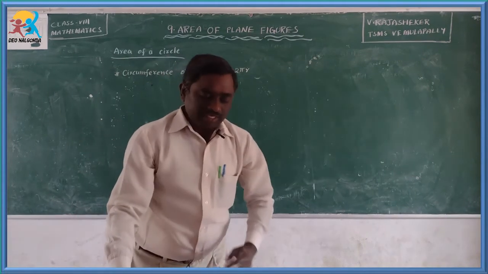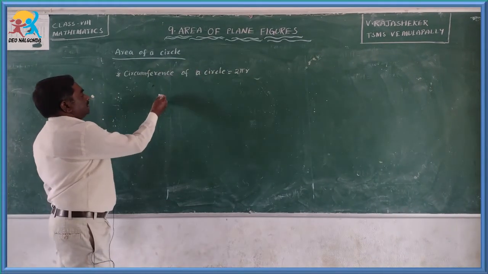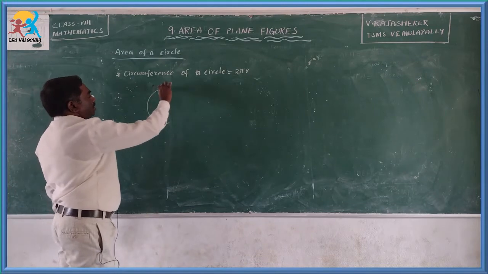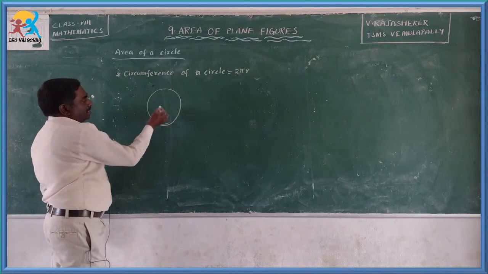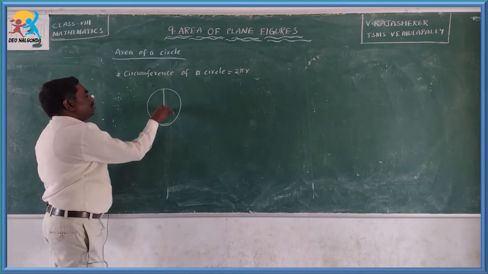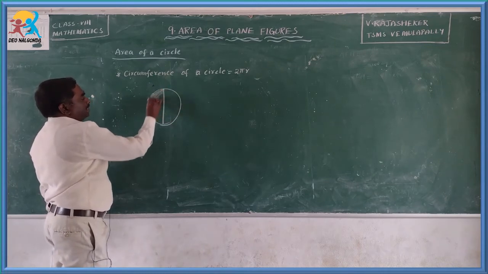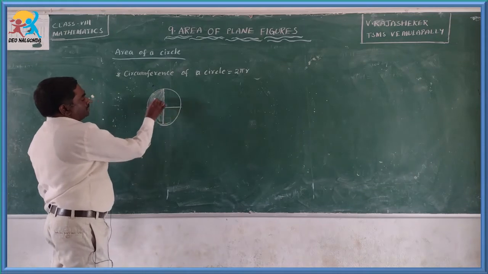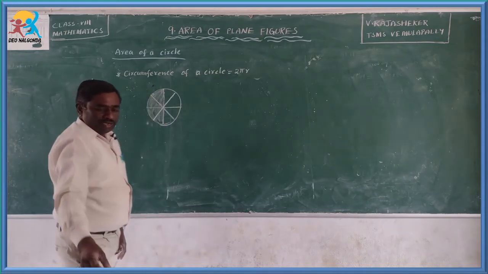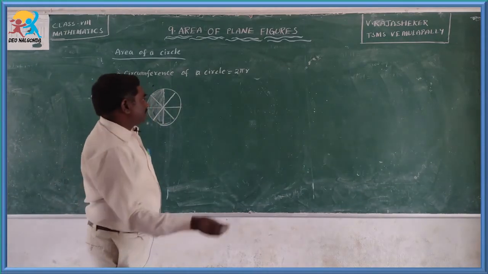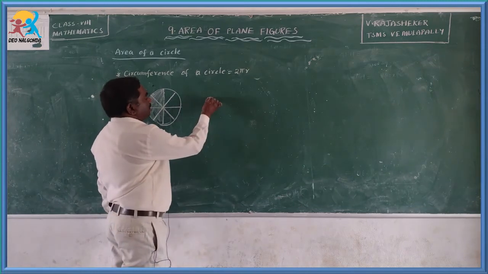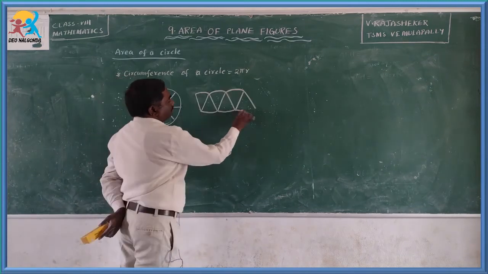To be very easy, let us take a circle and make it into half and shade one part, one side, cut it into pieces, and arrange all those pieces in a proper manner.